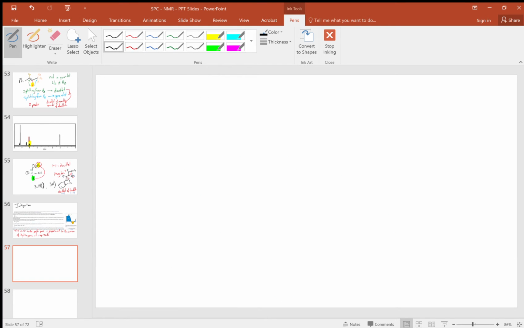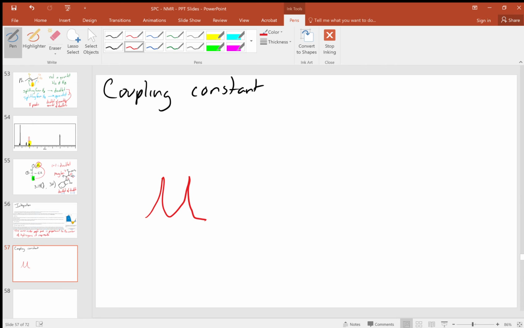I also want to briefly talk about what's known as a coupling constant. So a coupling constant is, for example, if we have a doublet, we could measure the distance between the two peaks in the doublet.